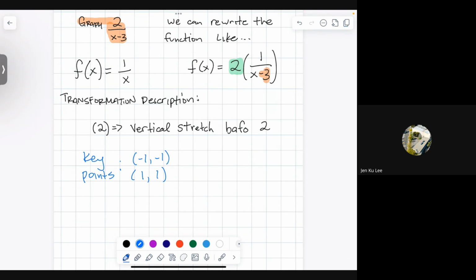When I vertically stretch this by a factor of 2, what are my new key points? -1, -1 turns into what? What's the rule? You guys remember the rule? If I have a point x, y, if I vertically stretch it by a factor of 2, what happens?